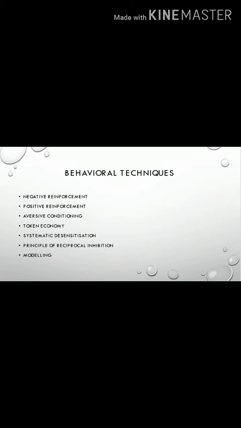The next technique under behavioral therapy is token economy. This technique has been used to establish adaptive behavior ranging from eating behavior in children to institutionalized psychotic patients. A token instead of money is paid for the work, and later the token can be exchanged for desired objects or activities. These steps are involved.